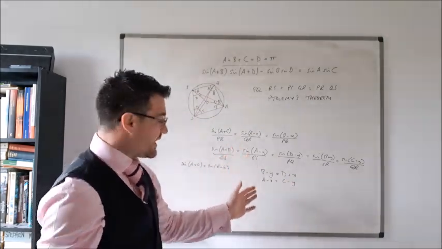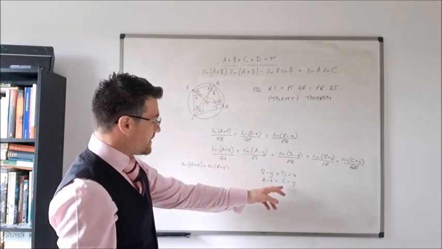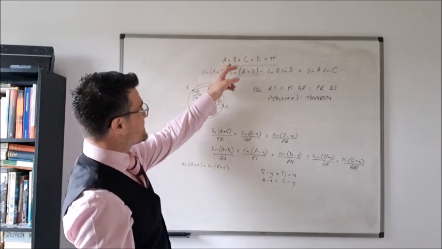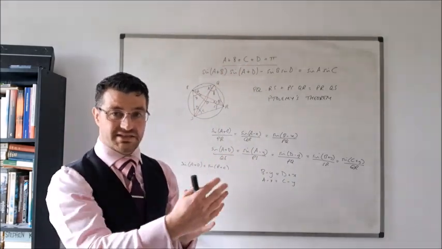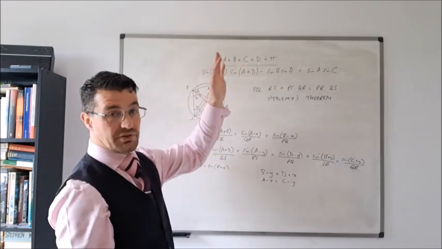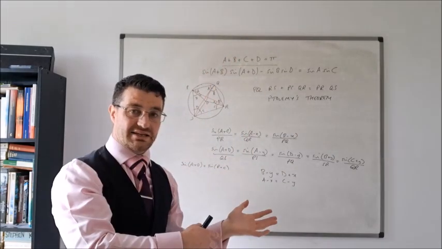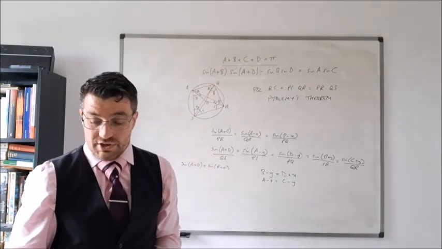Again, these might not be quite right, but just to give an idea about the kinds of ideas that I was having. So I can try and express all of these angles with either plus or minus X, but unfortunately I can't get 2 plus X and 2 minus X to balance out to make the pi. It just doesn't work, okay?